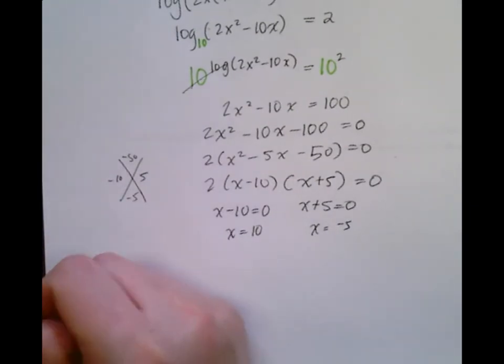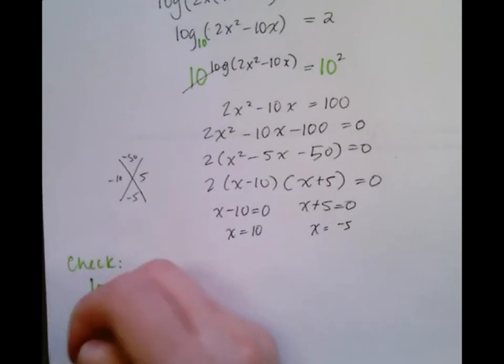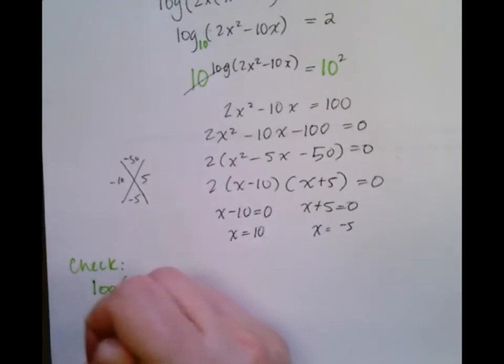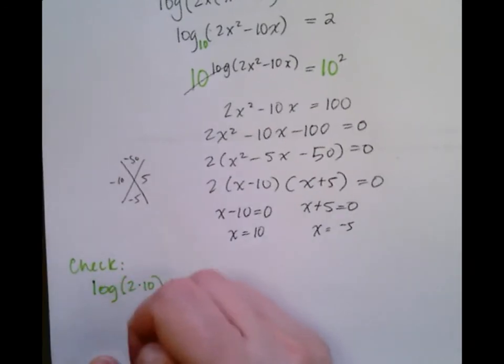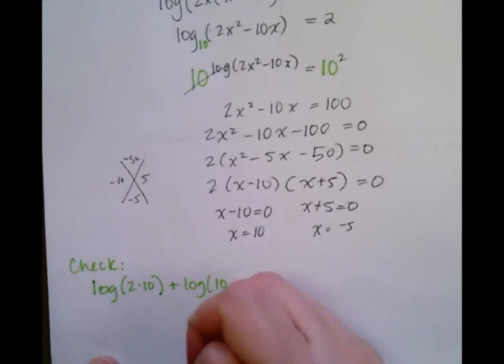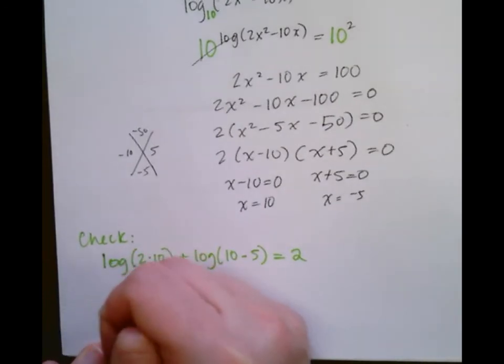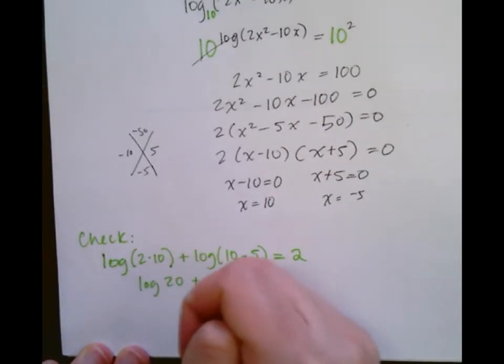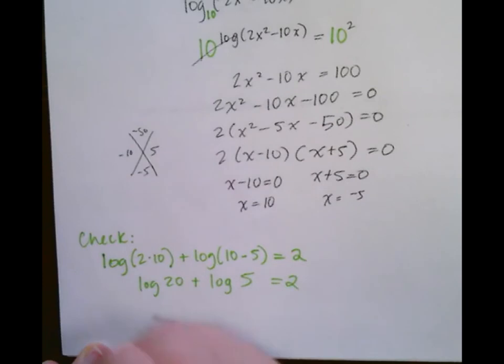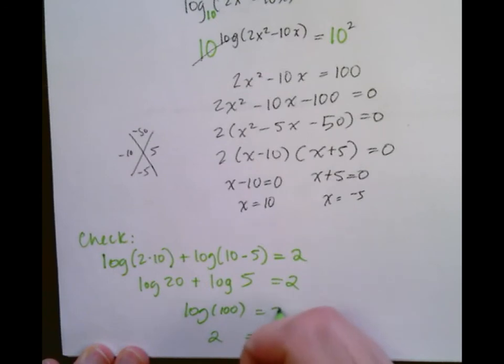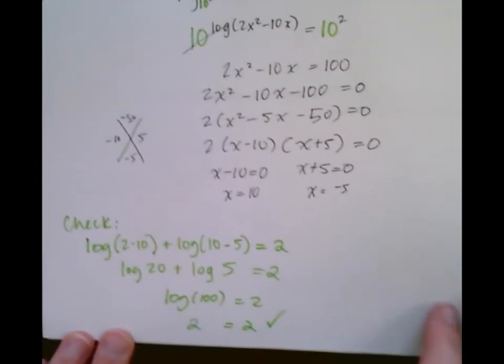So we get log of 2 times 10 plus log of 10 minus 5. And I'm wondering if this is going to equal 2. So let's see. This would be log 20 plus log 5, which is log 100 if I multiply. And yes, that does equal 2. So this checks out.